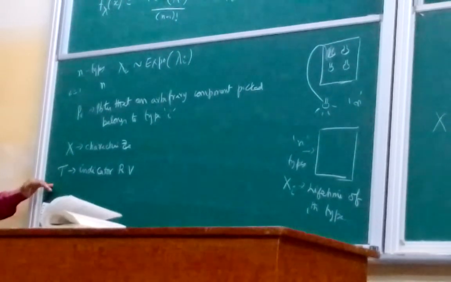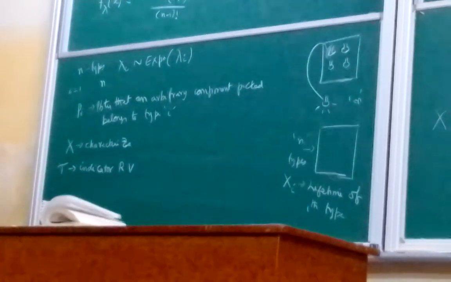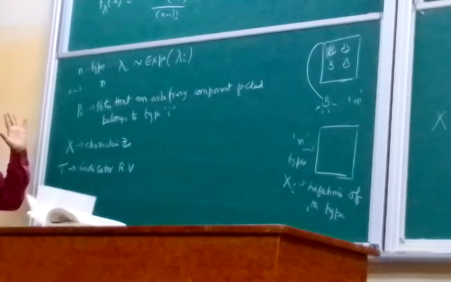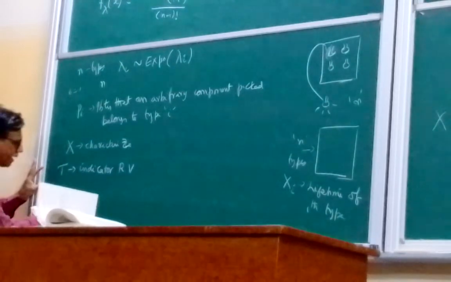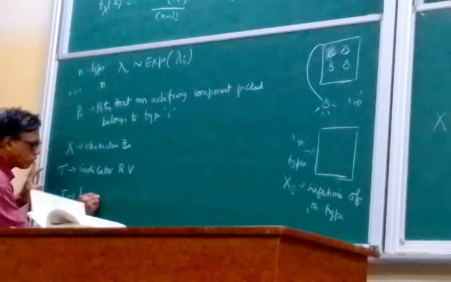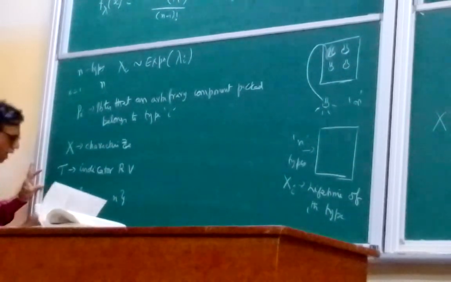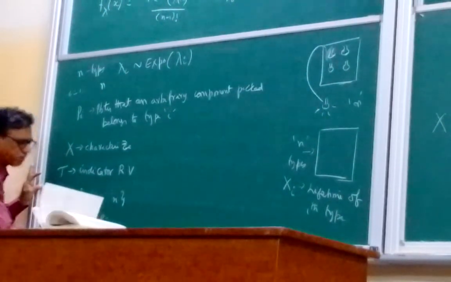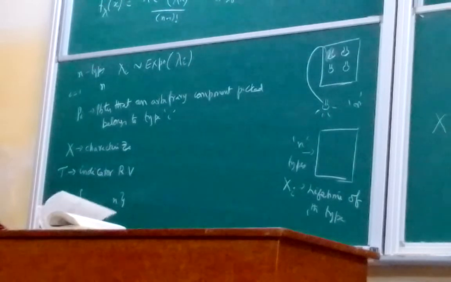This indicator random variable is used primarily to indicate which type is being picked. Okay, so it can take values 1 to n, and it takes the value i with probability p_i.